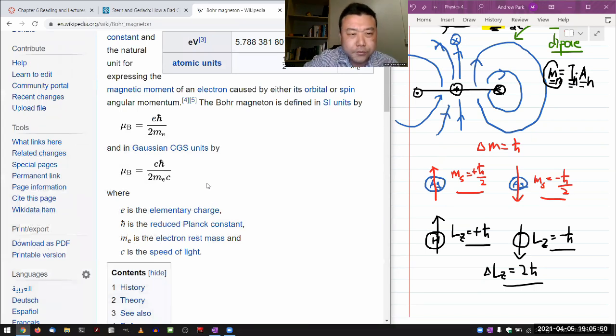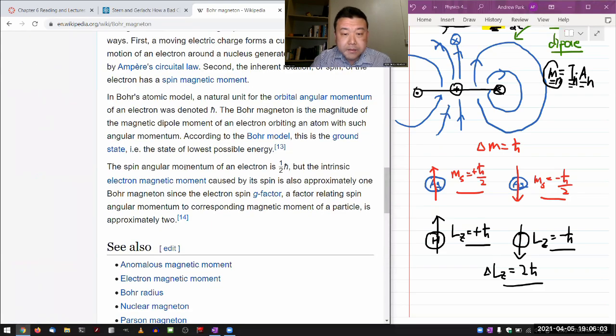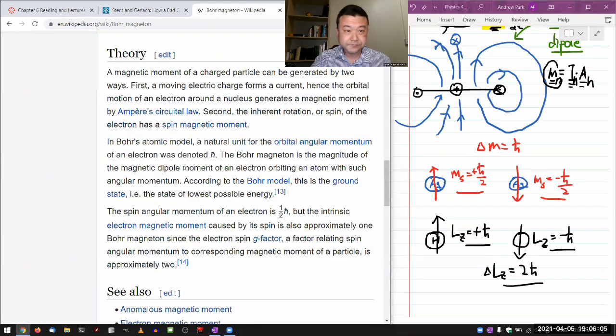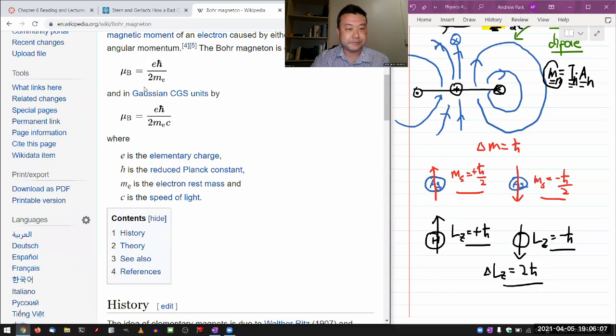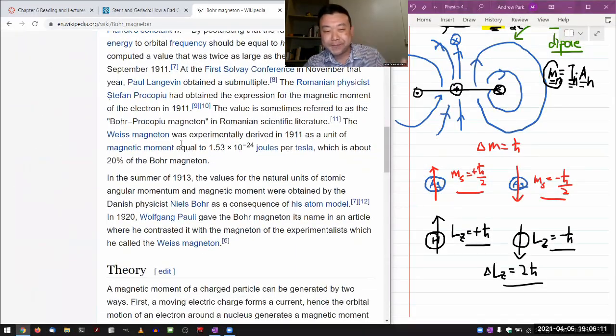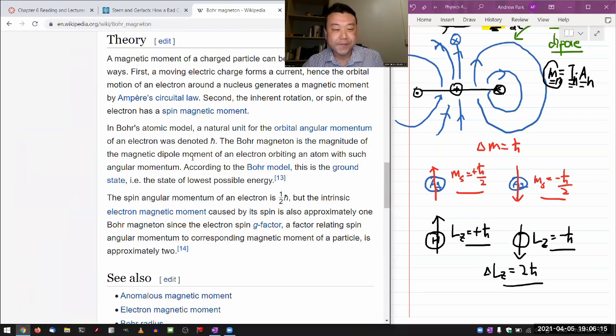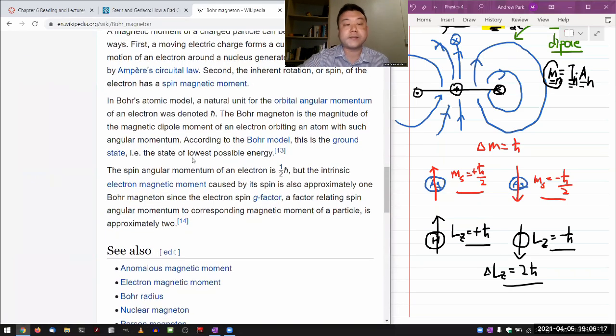What's important to note here is that there's a factor of 2 that comes when you are going through the derivation. Without going into the actual quantum mechanics that goes into deriving this fact, let me just point out this fact.